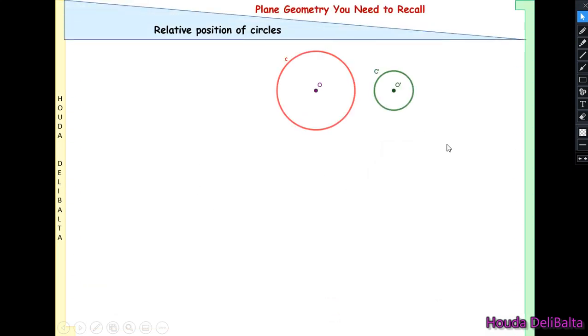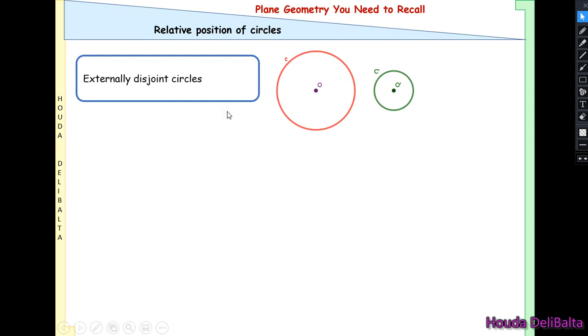Now in the coming slide, we are going to talk about relative positions of circles. Look at these two circles. These circles are not intersecting at all, so that's why we call them externally disjoint circles. For example, this is the radius R of the first one, and this is the radius R prime of the second one.